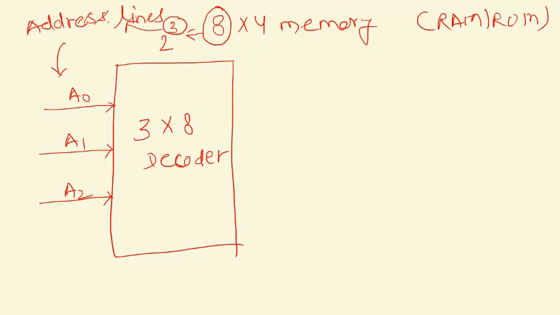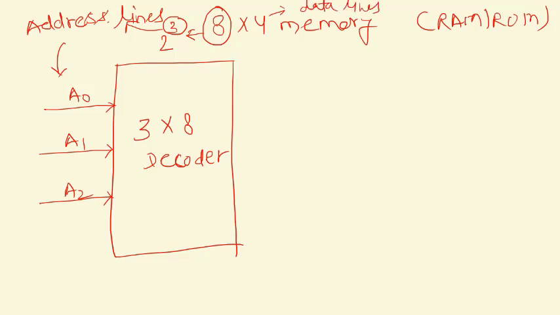So this 8 represents the number of memory locations, 2 to the power 3, and this 3 is the number of bits required to address these 8 locations, which is also the number of address lines. And this 4 is called the data lines.